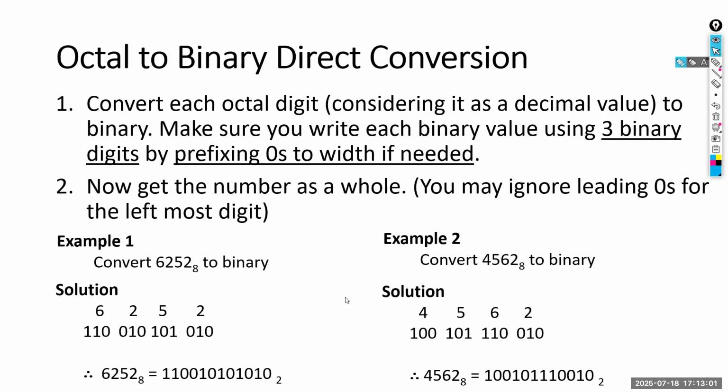Remember, when we work with octal, it's a chunk of 3 because 2 to the power 3 is 8. But if you work with binary and hexadecimal, it is a chunk of 4 because 2 to the power 4 is 16. Same thing, now you think in terms of blocks of 4. The entire logic is the same.